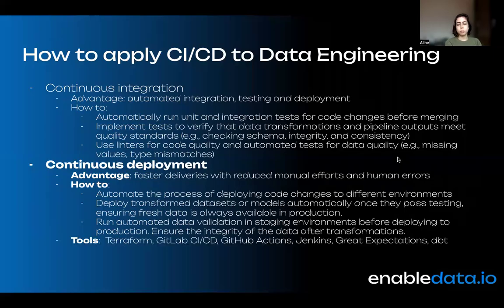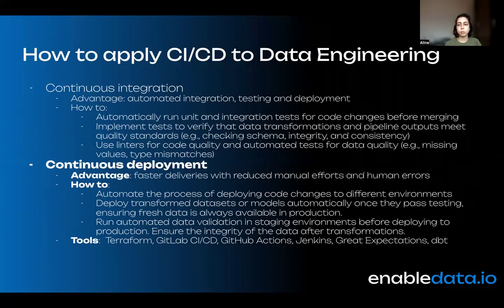Some tools that may be used here: Terraform for creating staging, production, and development environments that would have the same configurations and only different names. GitLab CI/CD, GitHub Actions, and Jenkins are all CI/CD tools that may be used to create these automations.